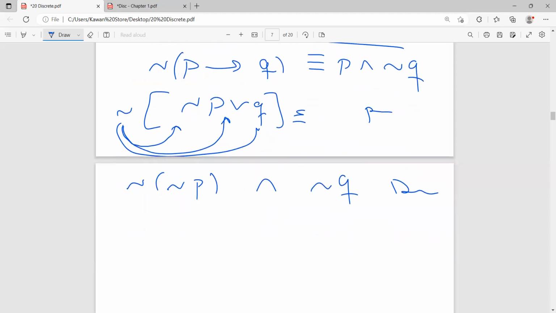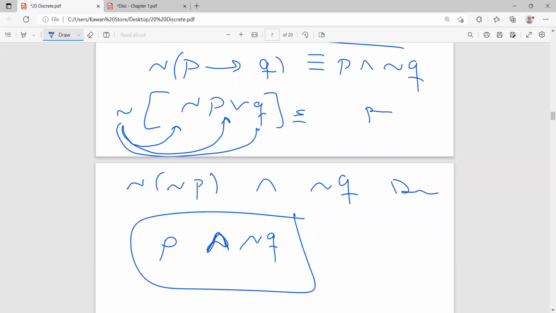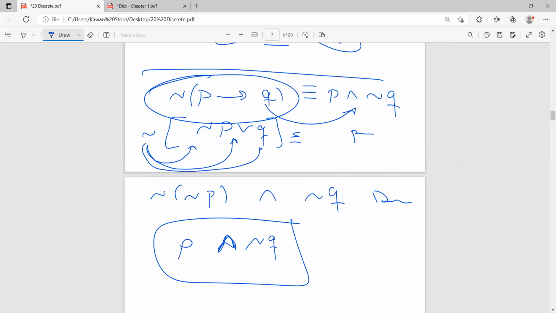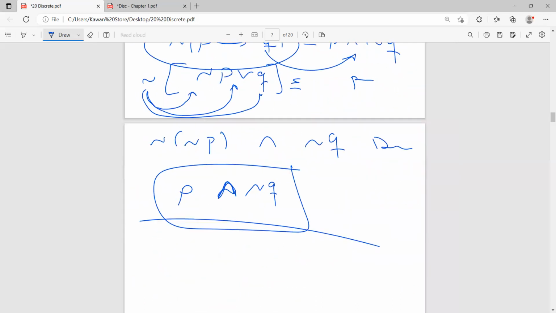Then negation of negation is equal to what? Itself, not false, itself, right? P itself and negation Q. So you can see I showed, if I start from here, I will get there without using the truth table. Do you have any question, dears?